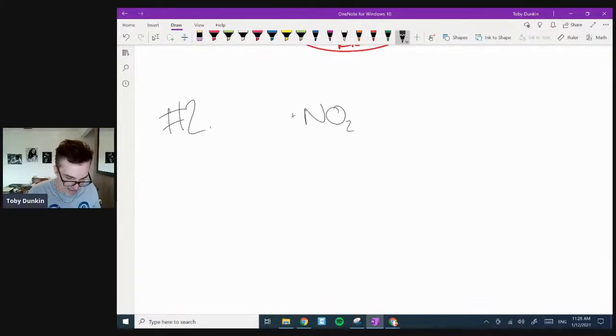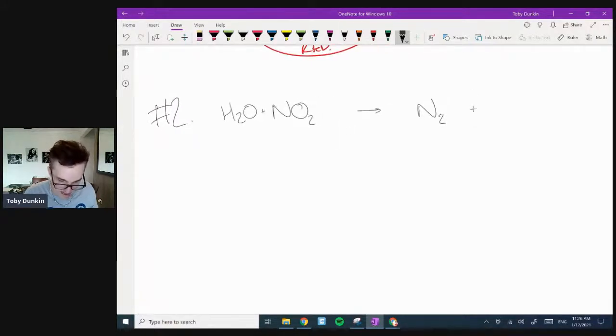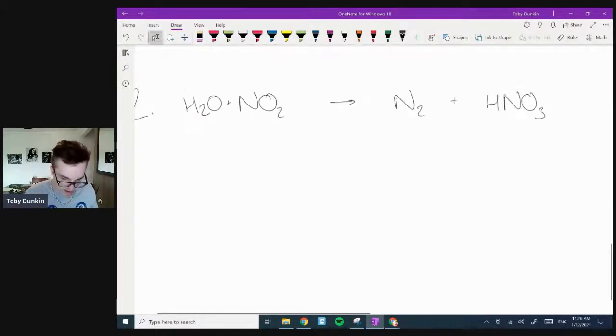N2 reacting with water to form, I'm going to make a mess of this now, guys, to form N2 and HNO3. I'm going to have to do all kinds of funky stuff here to make this work. I shouldn't make them up really like this.